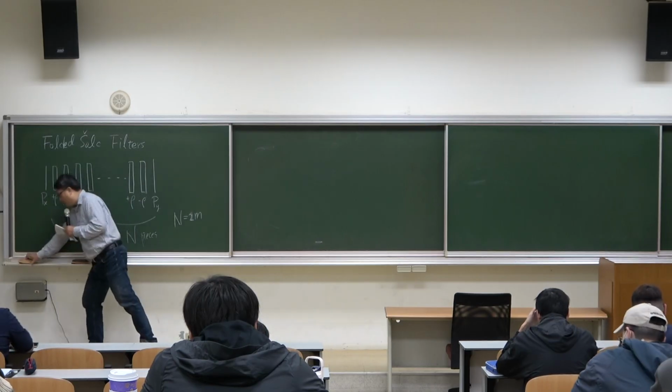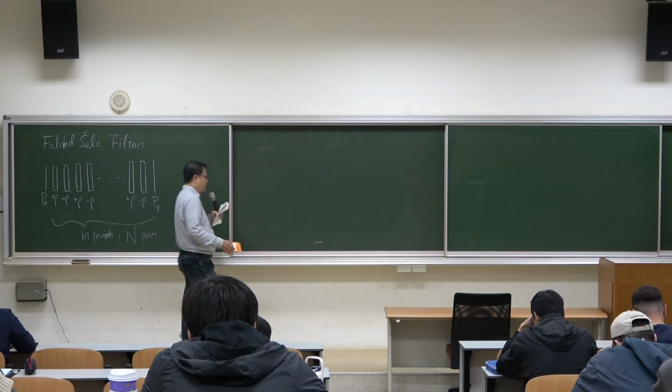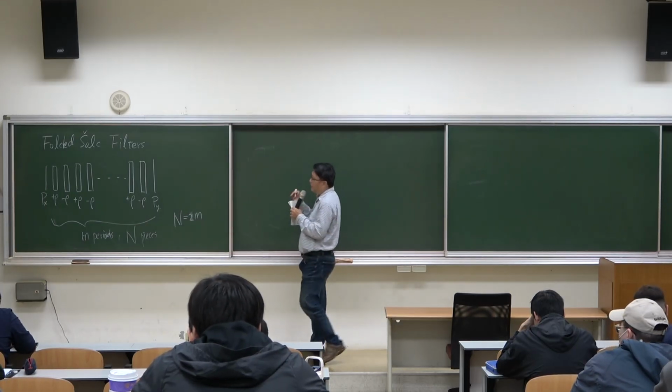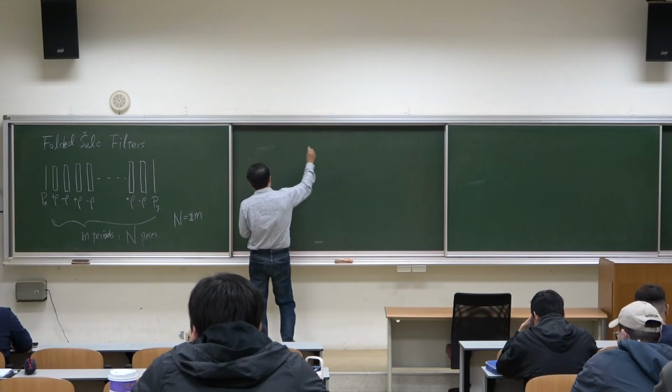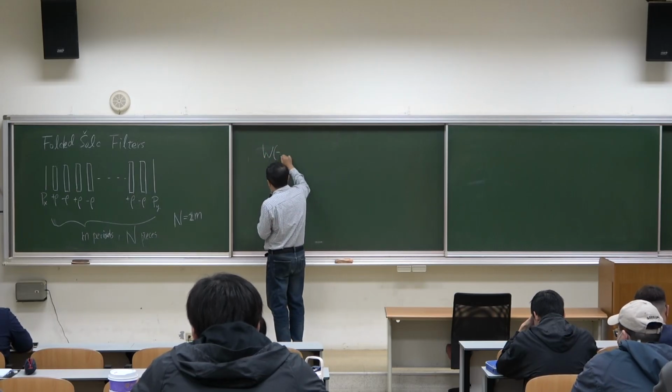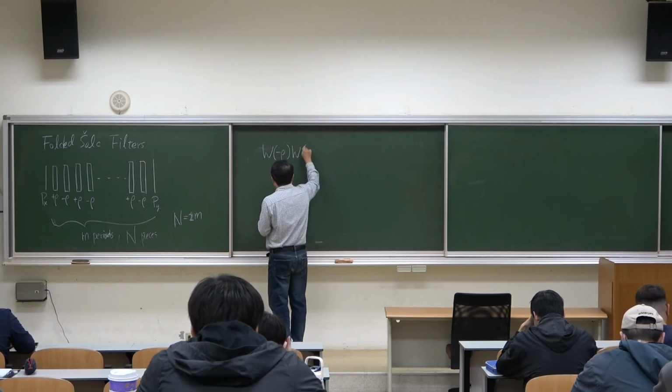The matrix representation of a pair of wave plates can be written as W minus rho times W rho.